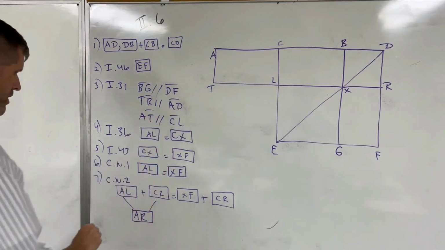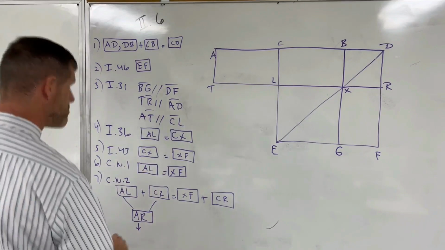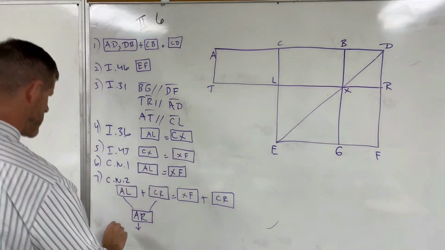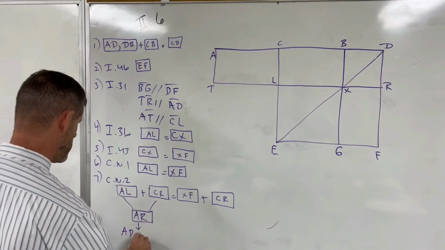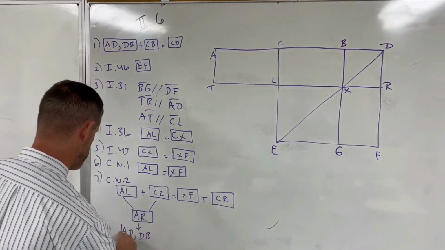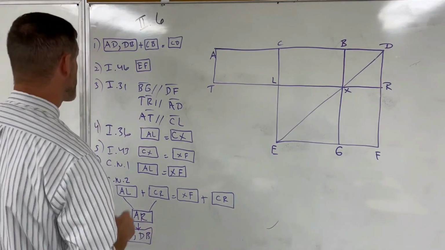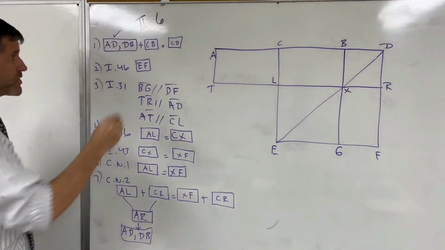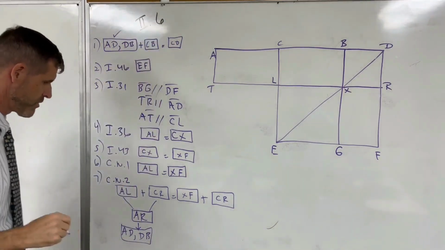But AR is the same as the rectangle AD, DB. Notice that's what we've got up there, so we just have to figure out that part there.